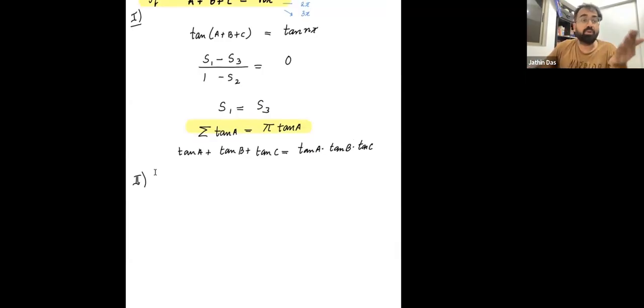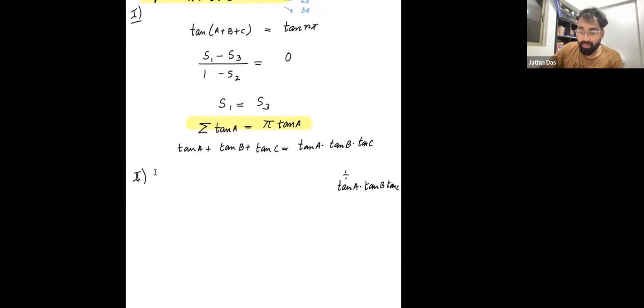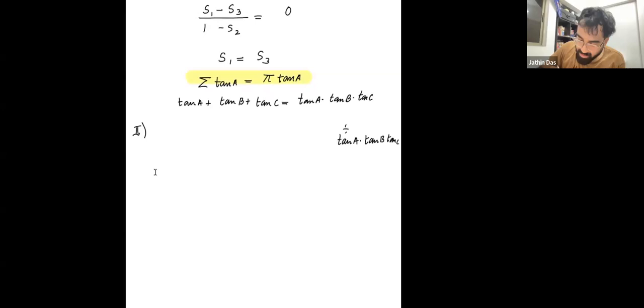Sum of tan is equal to product of tan if A plus B plus C is n pi. Now what I do to this equation is I'm dividing it by tan A, tan B, tan C. I'm dividing the entire equation by this.